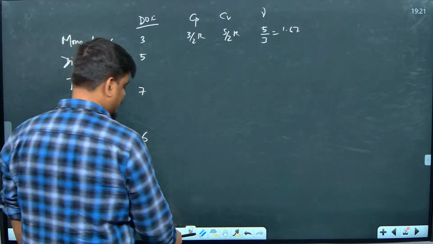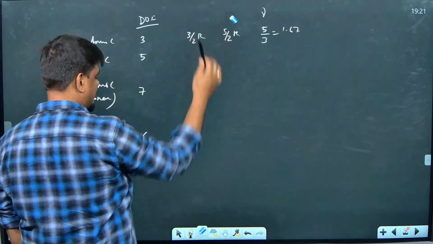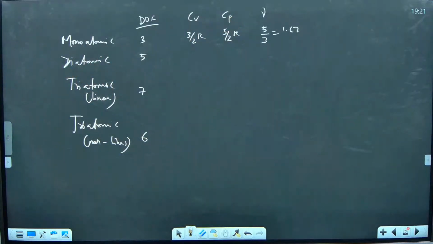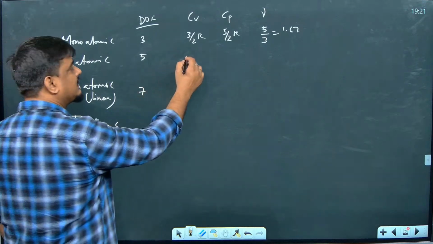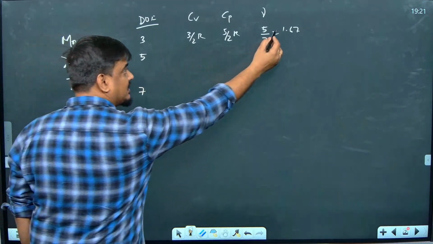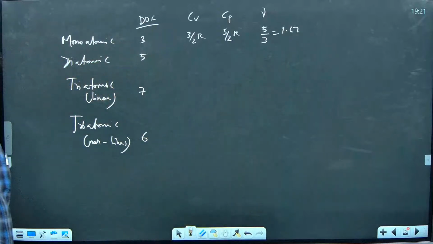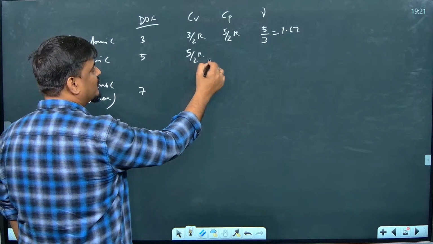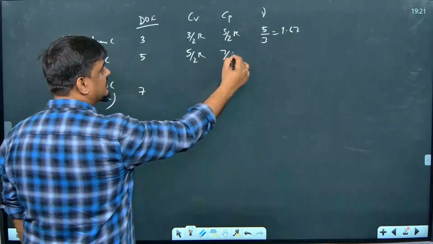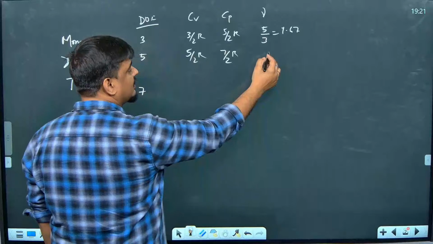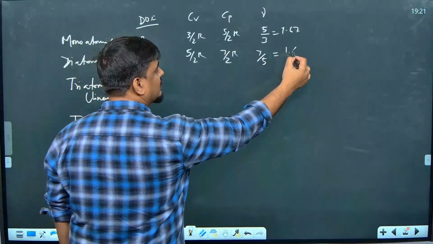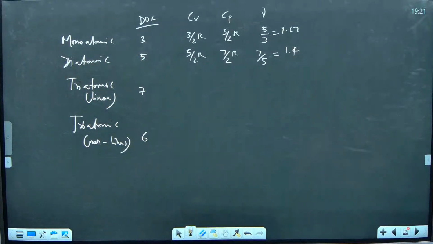I will write Cv first, then Cp. What about diatomic gas? You did it last class. Cv is 5 by 2 R, Cp is 7 by 2 R, so gamma is 7 by 5, exactly 1.4.